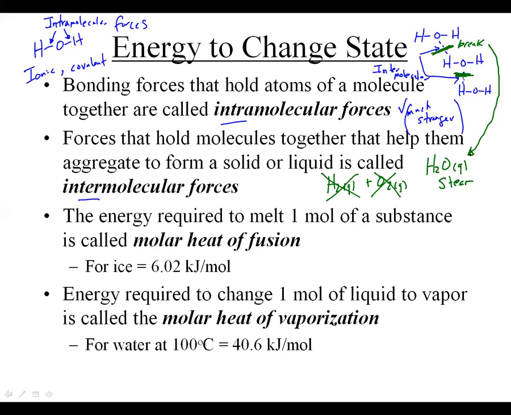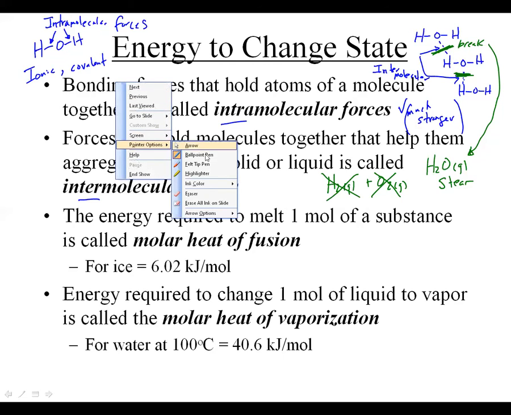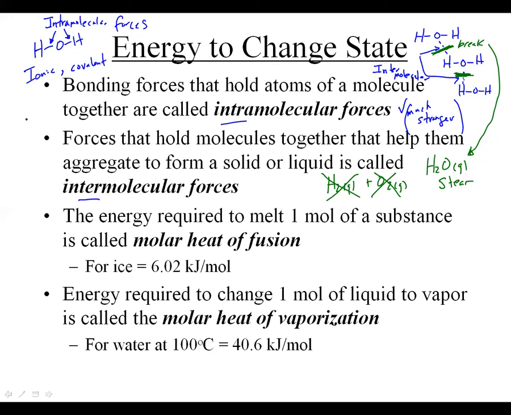If the opposite was true, and the intramolecular force was weaker, then instead of the bonds between one water molecule and another breaking, these bonds would break over here, which would make hydrogen gas and oxygen gas, which does not happen.